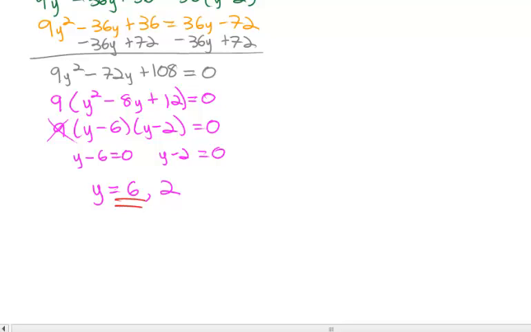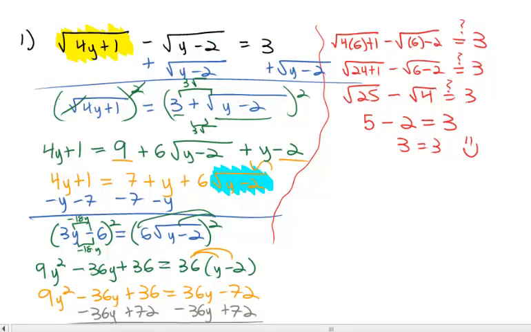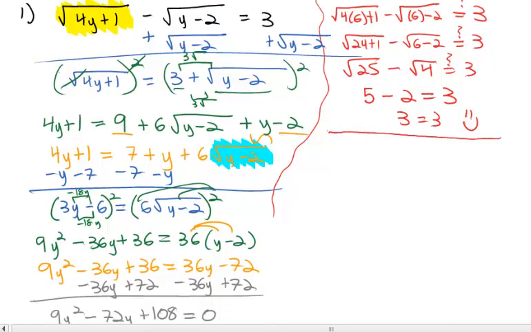We still have to test the 2, because sometimes both work, sometimes one works, and sometimes neither of them work. So this time testing the 2, we have the square root of 4 times 2 plus 1, minus the square root of 2 minus 2, which we hope is equal to 3.